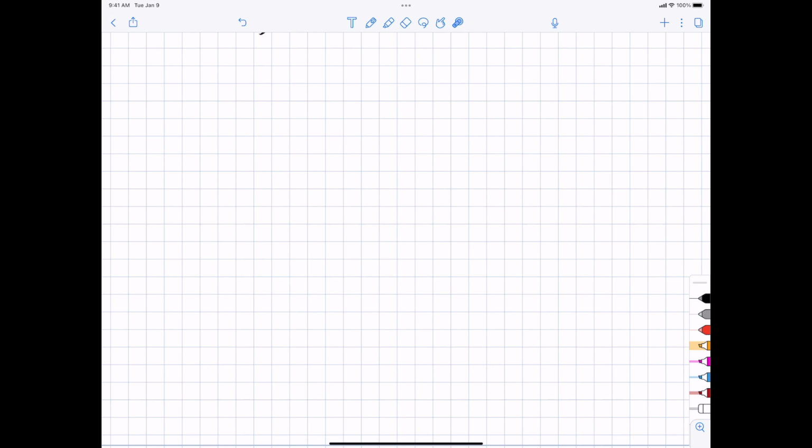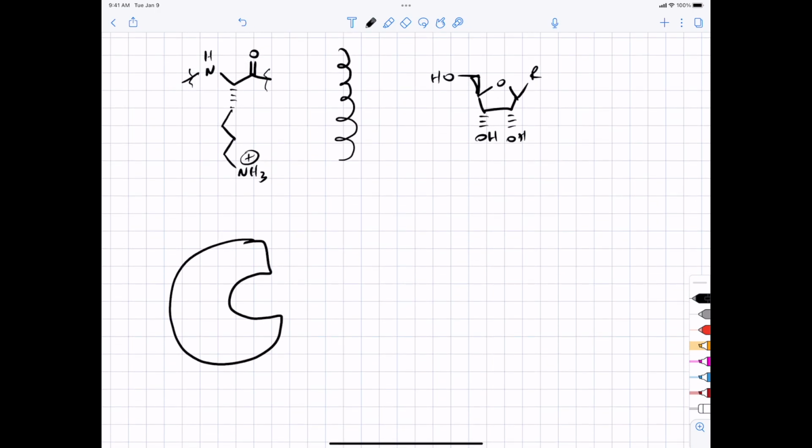So suppose you have protein, Pac-Man protein, whatever, A, and suppose this is all composed of L amino acids. That's another way to talk about chirality. It's different from R versus S. Don't worry about it. But this is an L protein. It is a single enantiomer.